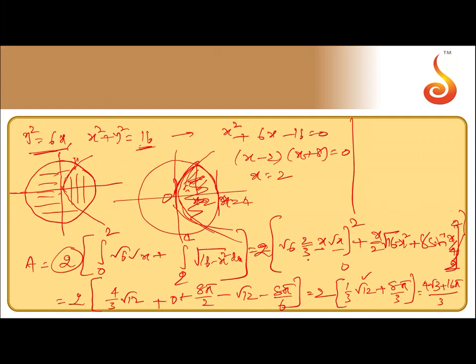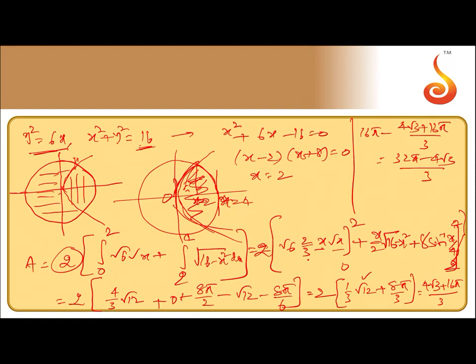So the remaining portion is 16 pi minus of 4 root 3 plus 16 pi by 3, so that will be 32 pi minus 4 root 3 by 3.